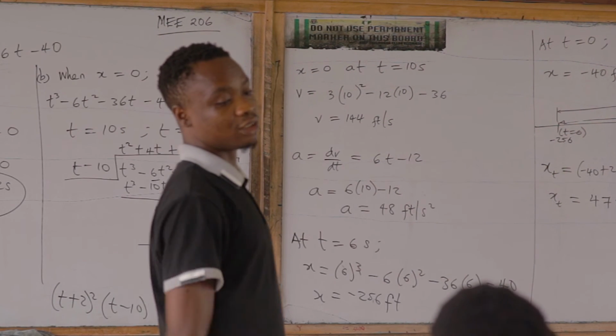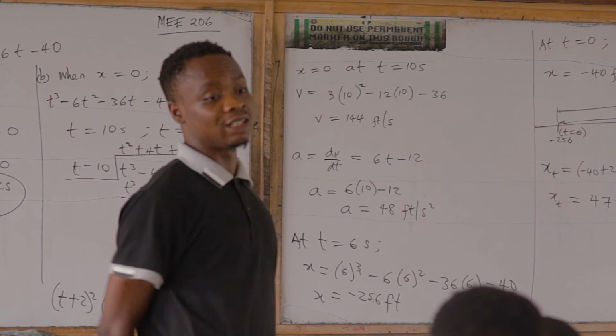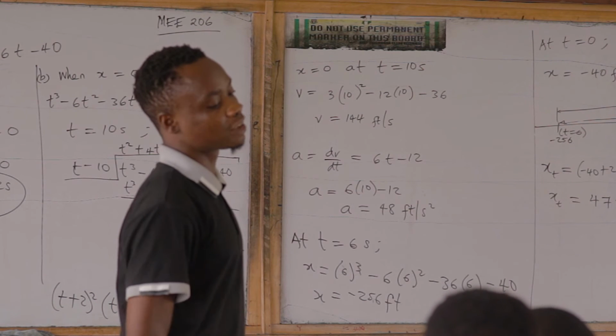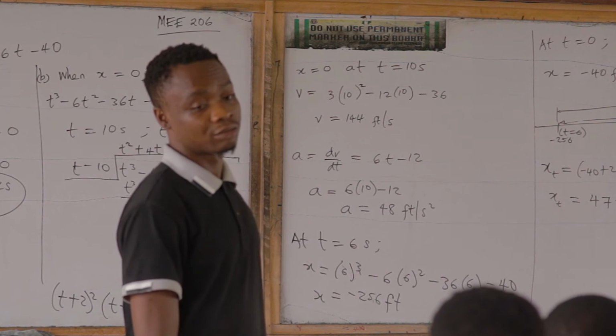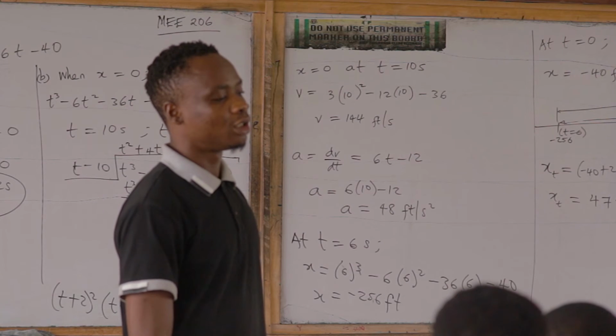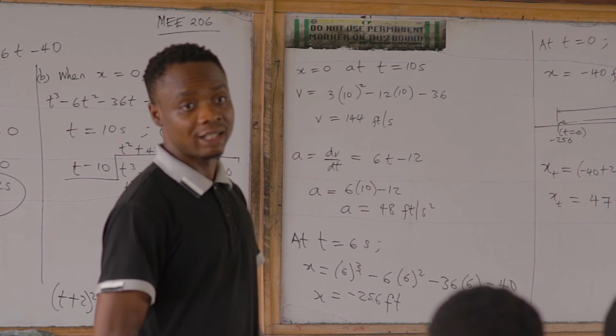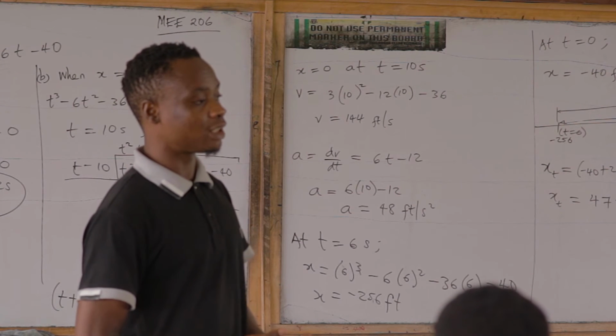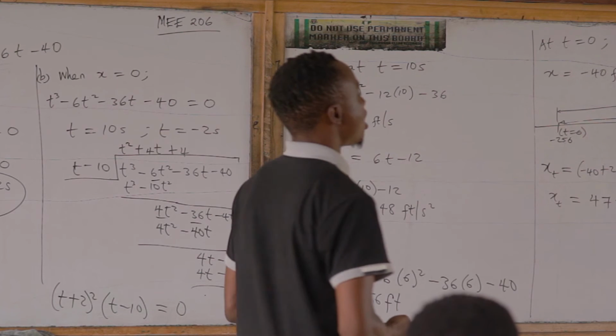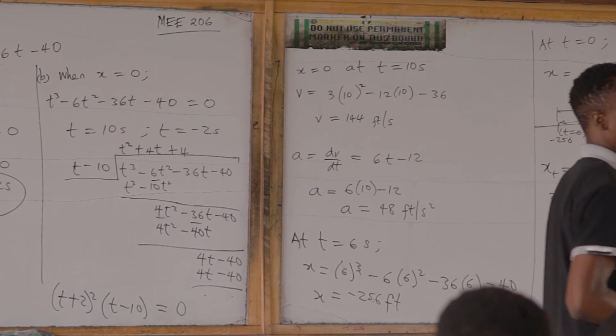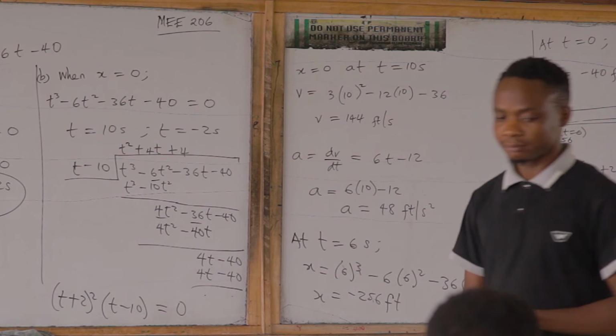Look at the first one we did: 15 minus, 15 minus, in both cases, because 15 was the highest. Do you understand? Just get a positive distance between the two of them. That's what matters. Is it clear? Get a positive distance between them. That's what matters. Alright, that's about that.